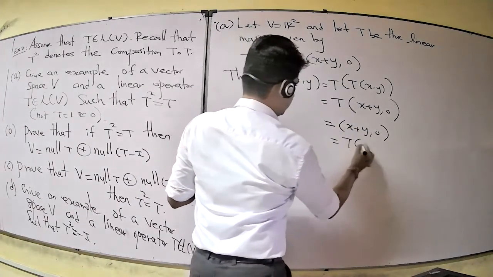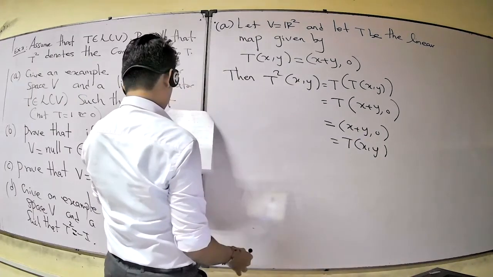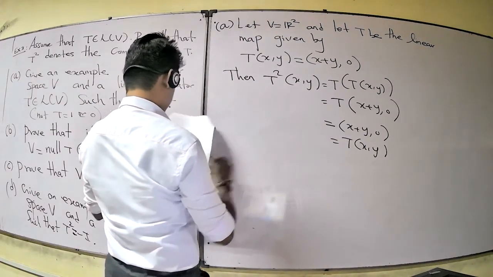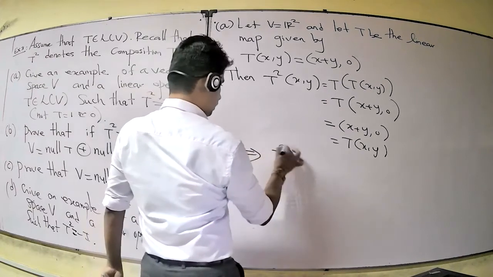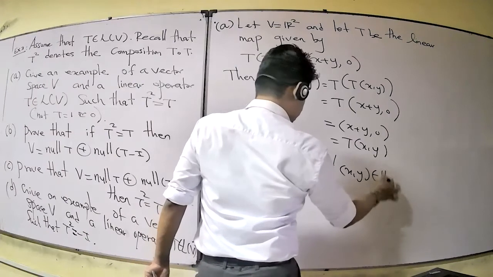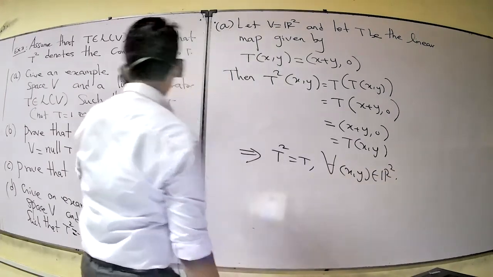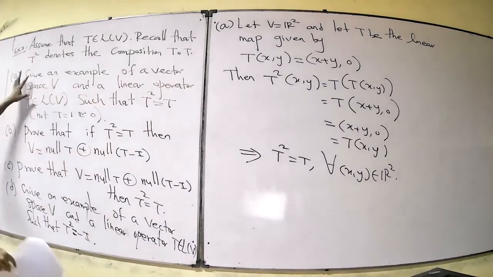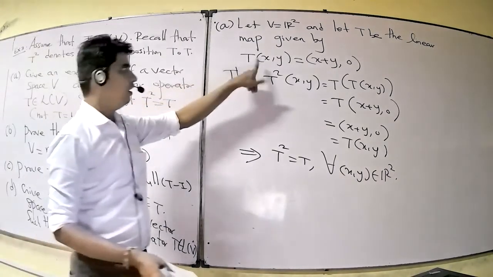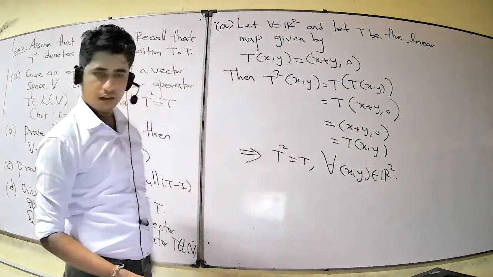This is the same as T of (x, y). That means T squared equals T for all (x, y) belonging to R squared. Therefore we proved that T squared equals T. It is obviously linear, and you want to show that T squared equals T.